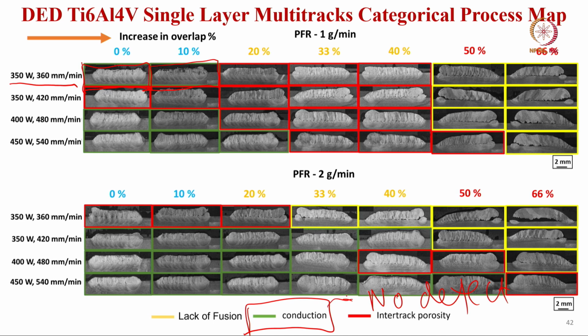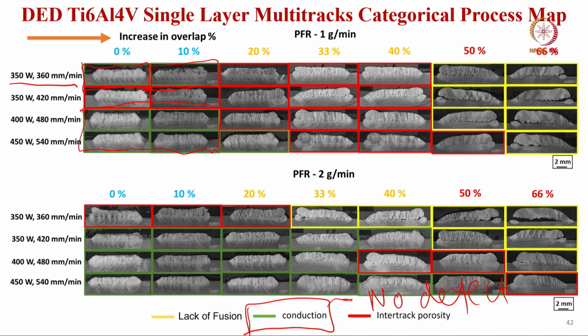That is the case for conduction. These no defect cases are valid at this particular area of the map, that is 350 watts and also 400 or 450 watts, at 480 millimeter per minute or 540 millimeter per minute.